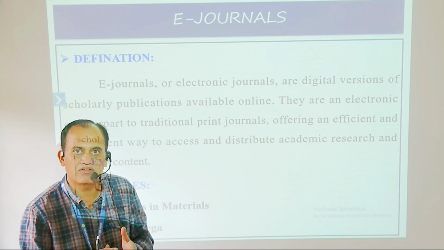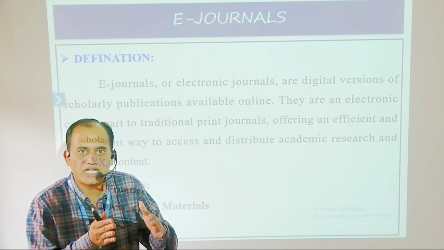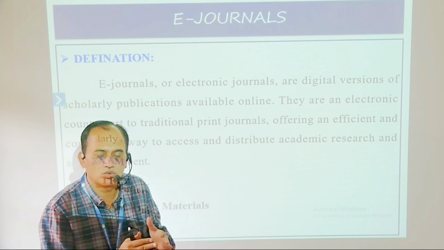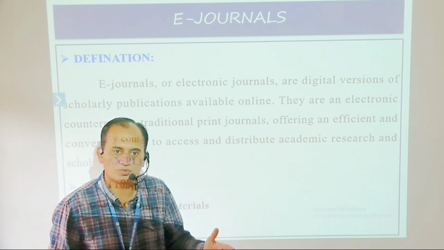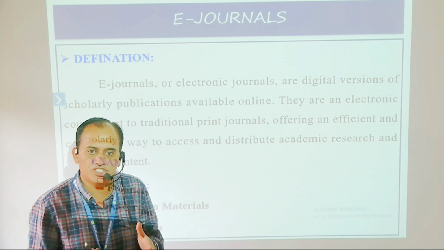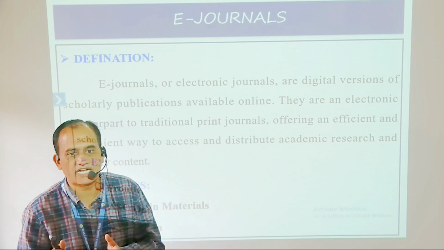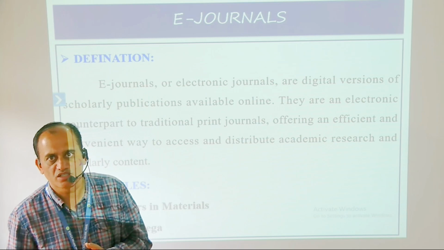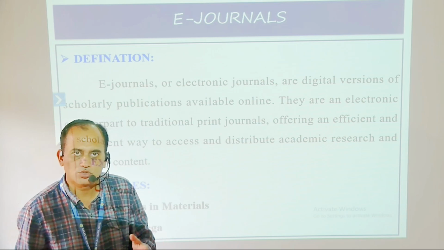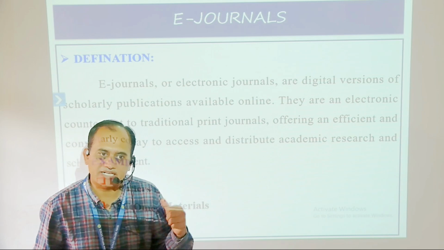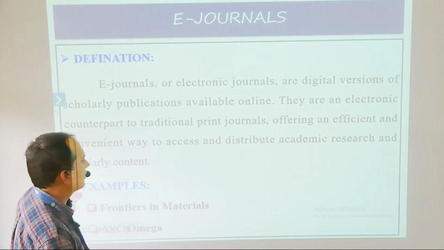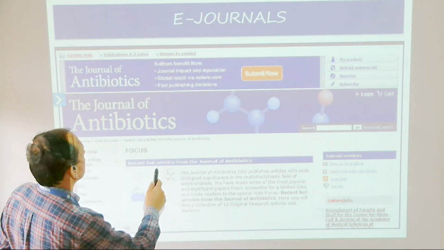It is freely available for readers. They are not creating any barrier right now. Initially we had a subscription option, but right now many journals are converting their subscription to open access, gold open access, where readers can access each and every research article published by the journals.